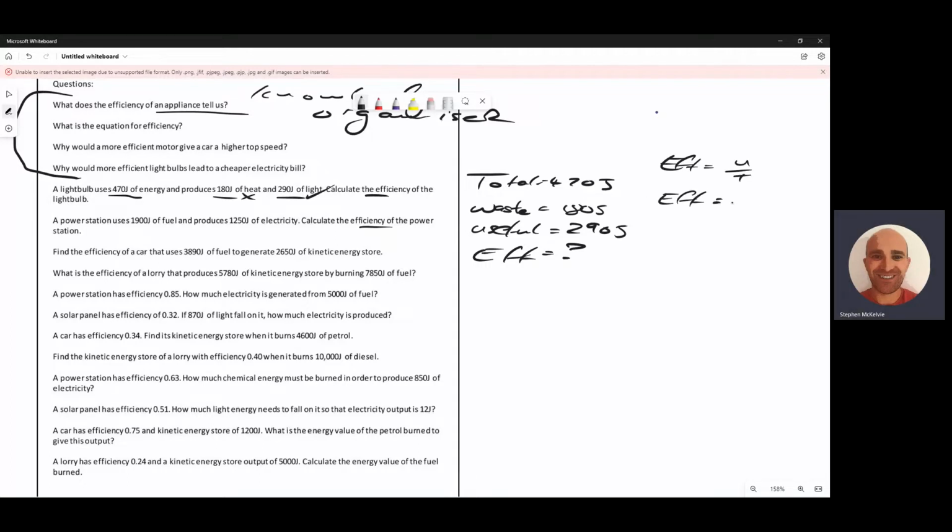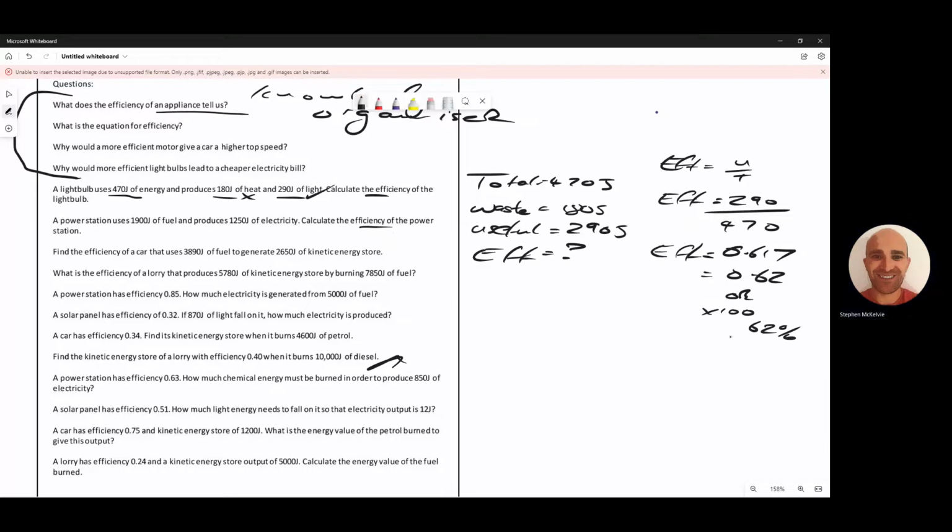Efficiency will equal the number I have for useful, which is 290, divided by the number I have for total, which is 470, giving me an answer of, let me get the calculator, 290 divided by 470, 0.617. I'll put that to 0.62, and then I can, if I want to, multiply by 100 and get 62%. So that's how you're going to do it every single time.